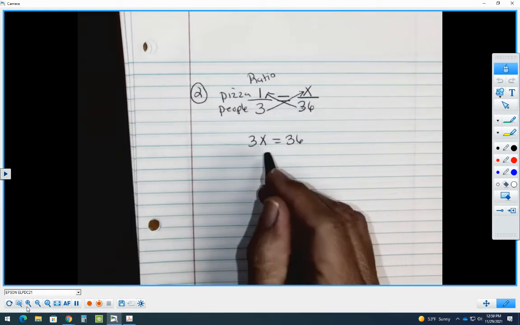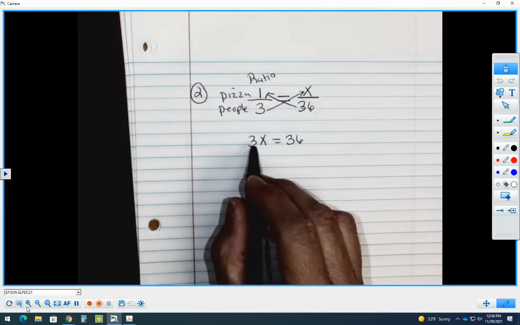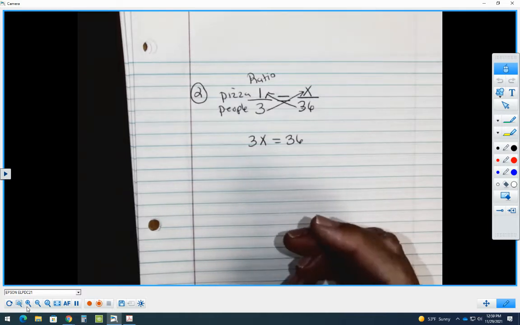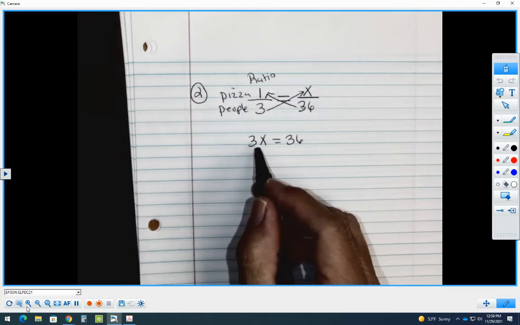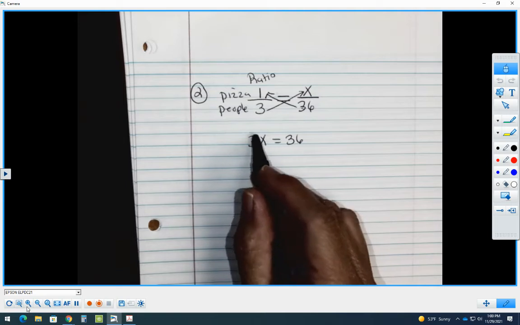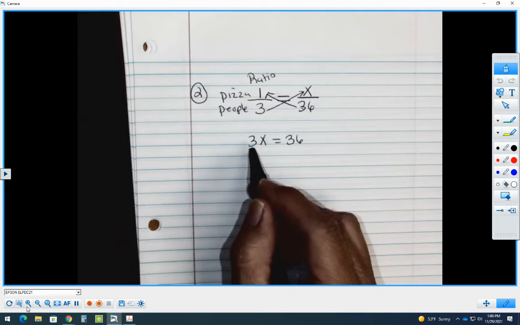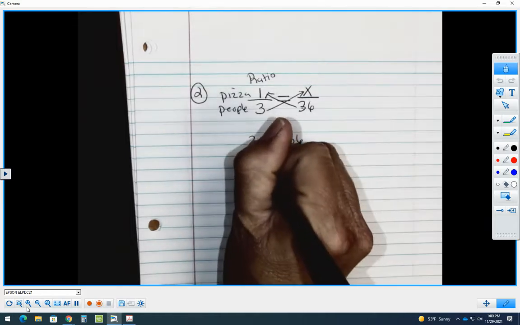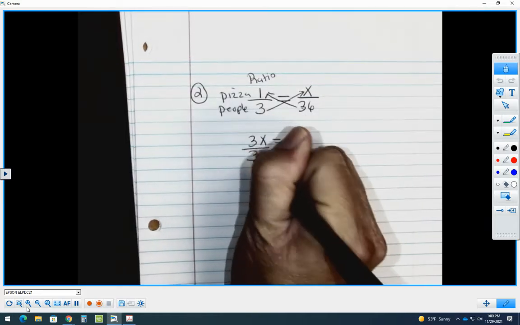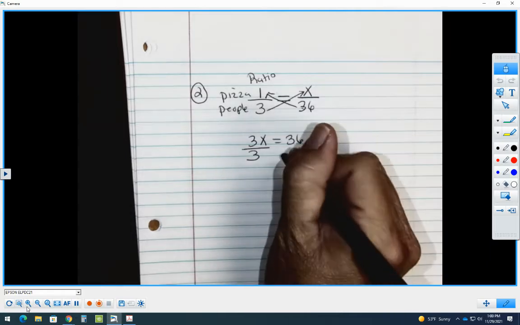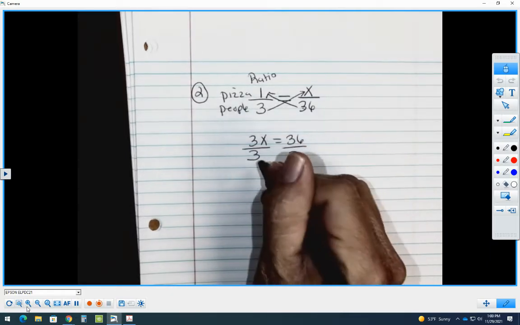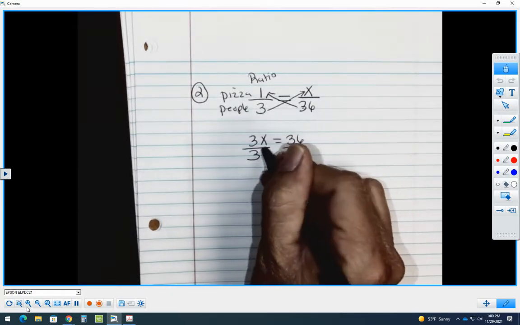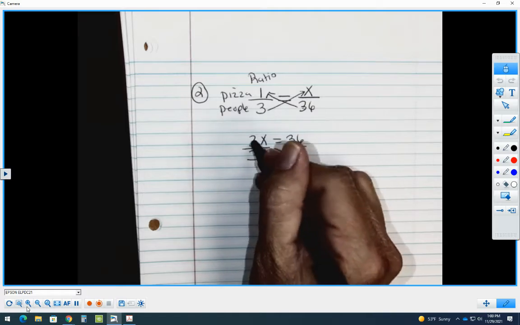So to figure out what the x represents, I need to get rid of this 3. In algebra, to get rid of something, we do the inverse. Since this means multiplication, this means 3 times a number equals 36. I'm going to do the inverse, which is to divide by 3. And that's why I tell you, divide both sides by the number with a letter.